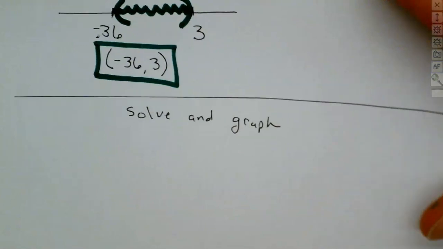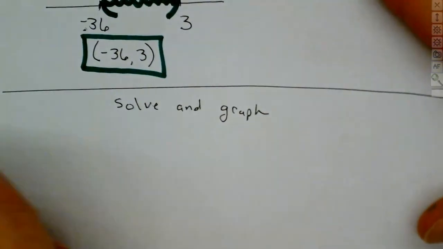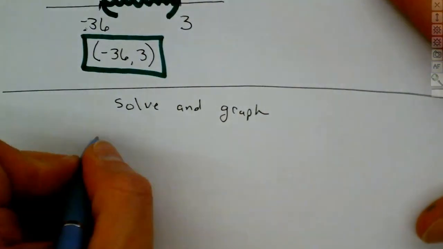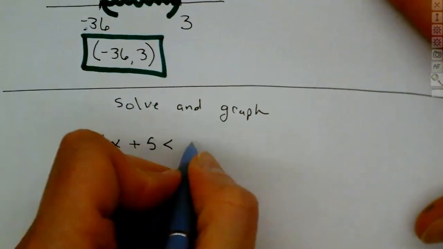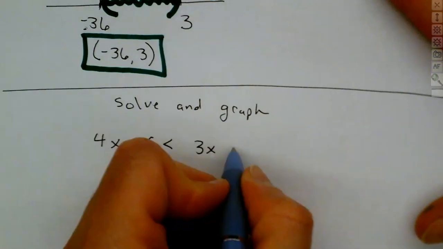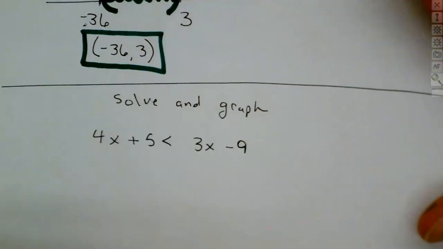So we're going to solve and graph here. And this one will be a pretty easy one to work through. So this won't take us very long at all to go through. We want to solve it. Now, whenever we work with these inequalities, we need to make sure that the x is on the left-hand side.